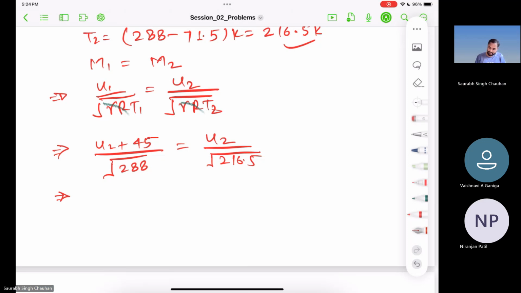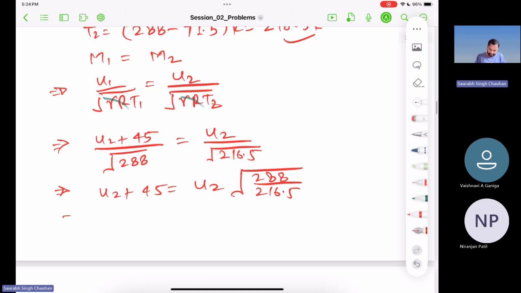So it will be U2 plus 45 is equal to U2 times under root 288 by 216.5. So you can write it as U2 times (this quantity minus 1) equals 45.